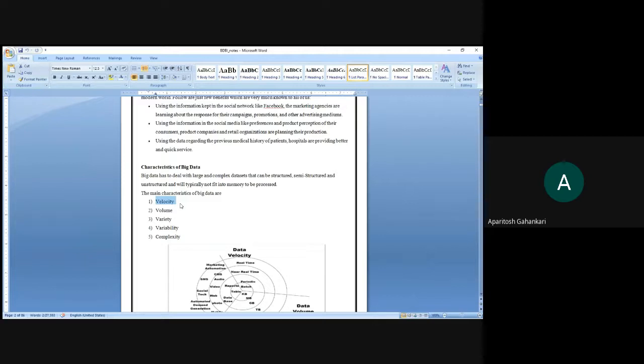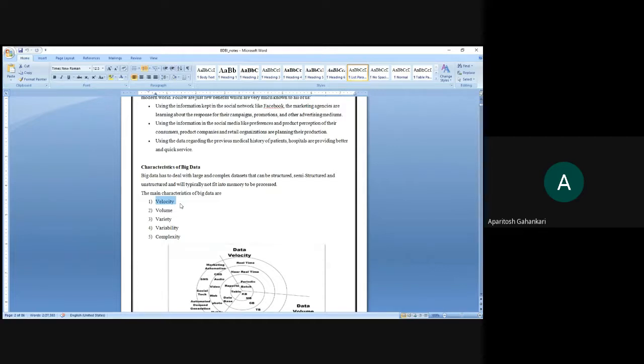It is said that in this particular century, in 20 years, 2001 to 2020, we have generated a huge amount of data that was not generated in the last 19 centuries. So it is really huge.